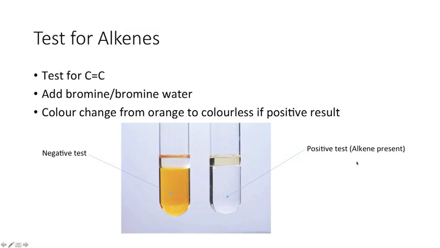So an alkene is present in this one. So this is often used in practicals, and it's a good way to test between an alkane, which will have that, as opposed to the double bond and the pi bond system in an alkene.